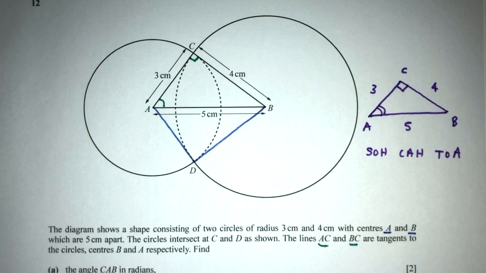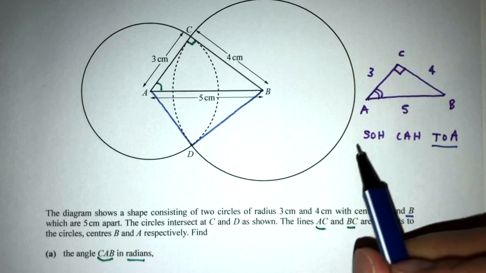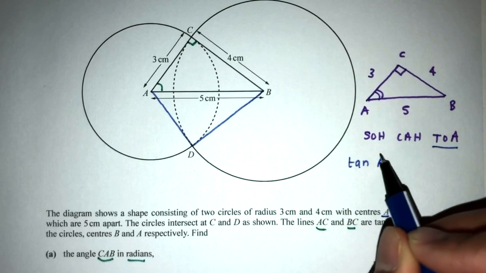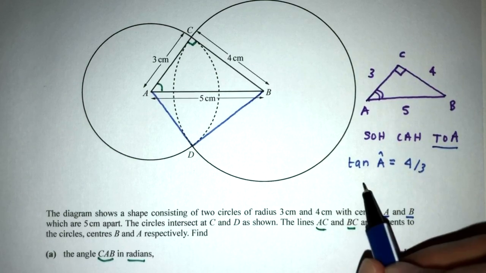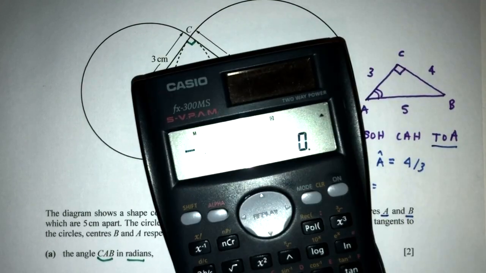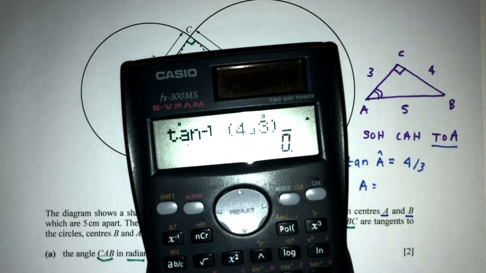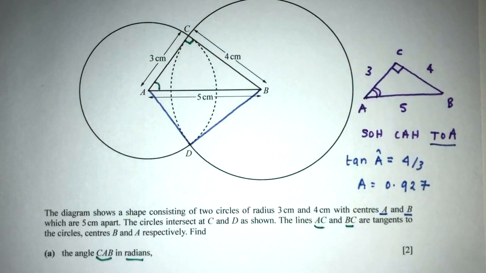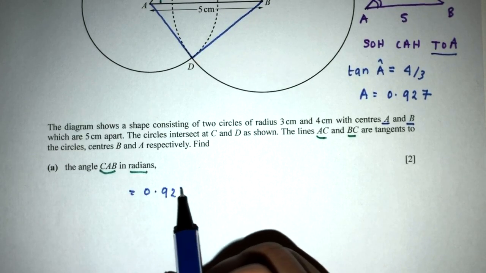Let's use tan, why not? It is up to you. Because we know all three sides, you can choose sine or cos, it's the same thing. So let's choose tan. That will be tan of the angle A, which is opposite over adjacent, 4/3. A has to be tan inverse of that. Here we have to use radians. Tan inverse of 4/3 should be 0.927. So the angle CAB is 0.927 radians.